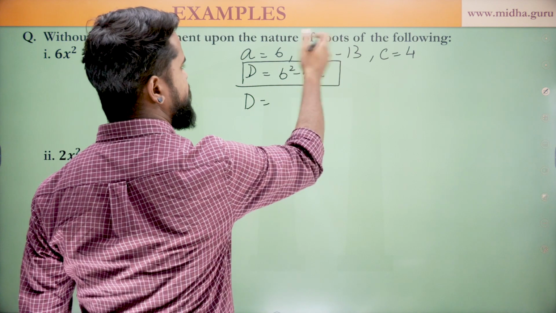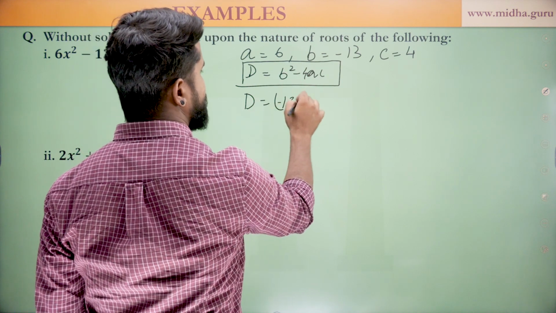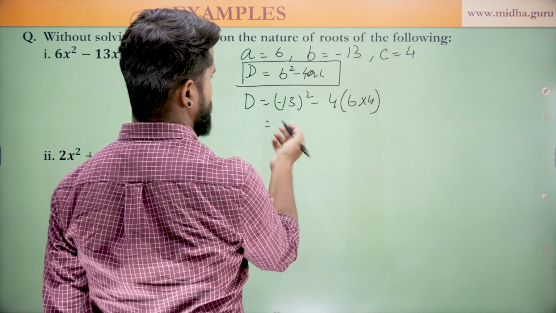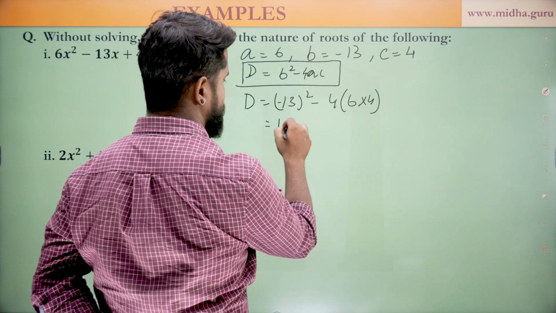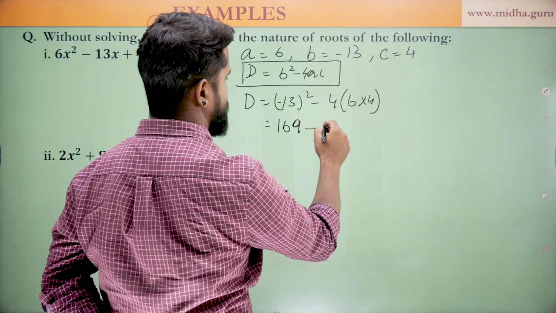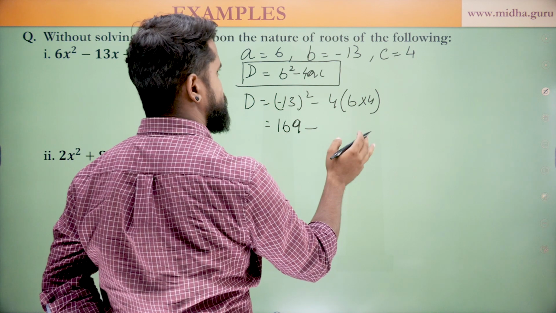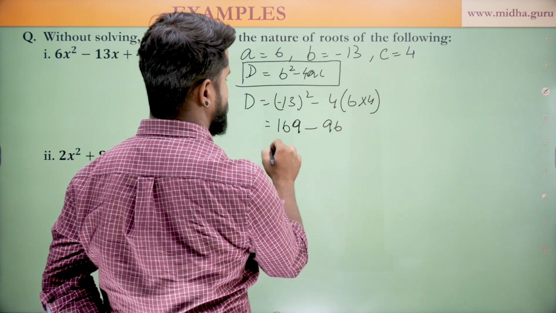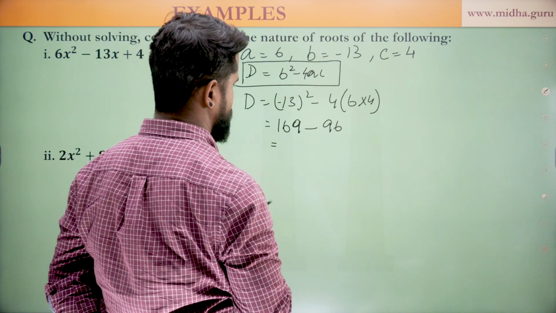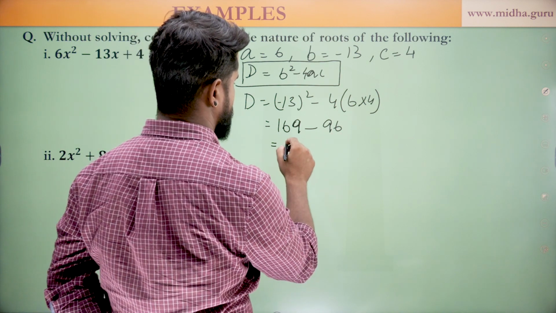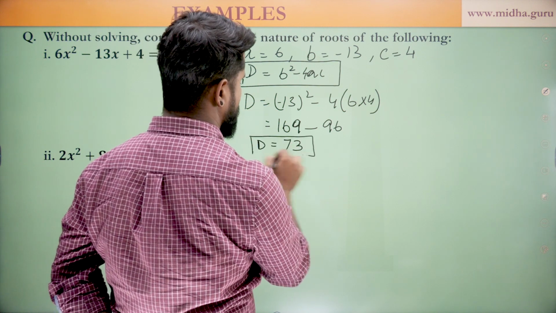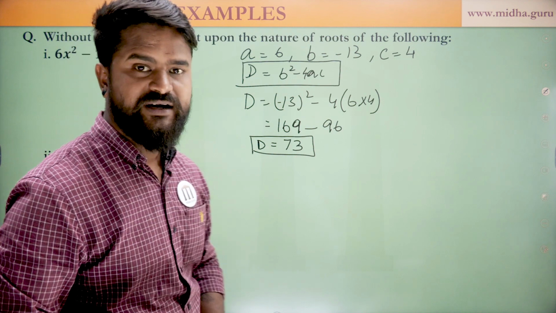So I'll just substitute these in the places. So that is minus 13 whole squared minus 4 times 6 times 4. So minus 13 squared would be 169 and minus 4 times 24 is 96, which would give us roughly, so the discriminant comes out to be 73.